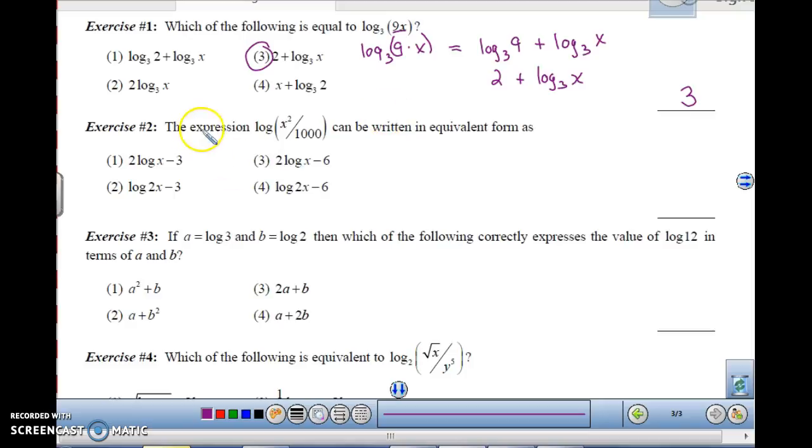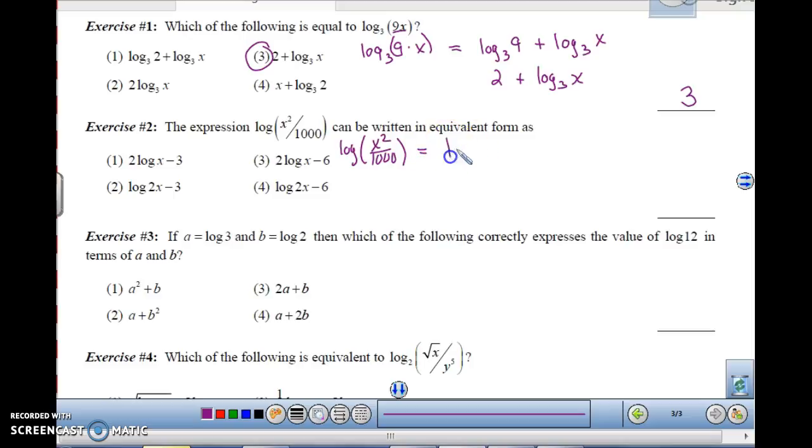Okay, the expression log of x squared over 1,000 can be rewritten in equivalent form as. All right, so let's think about what we have here. We have log of x squared over 1,000. Well, that is a quotient. A quotient of a log, for exponents, when you take a quotient, you subtract the exponents.